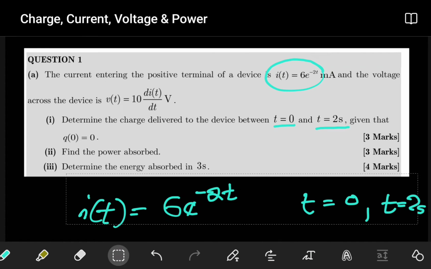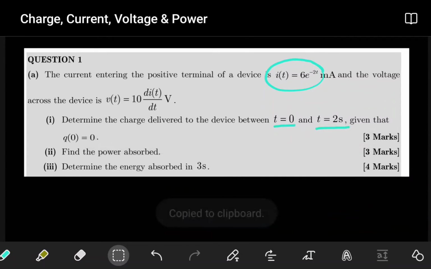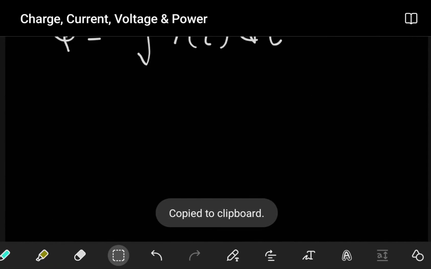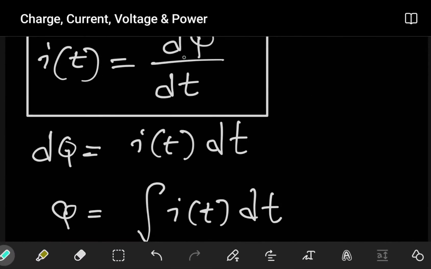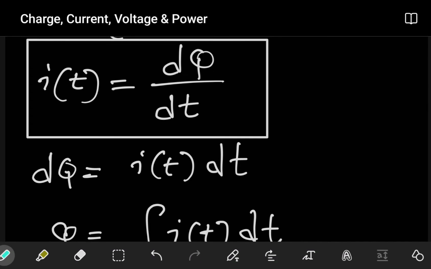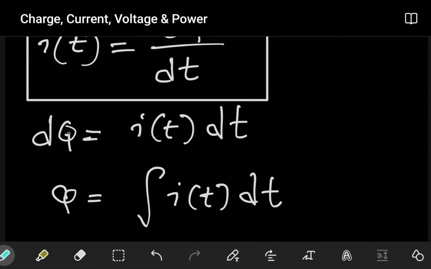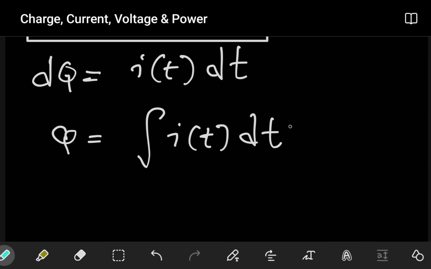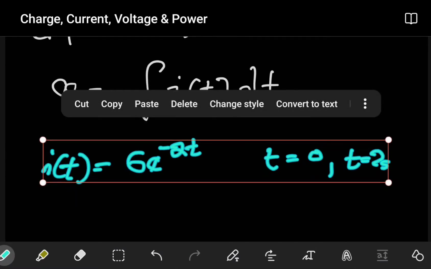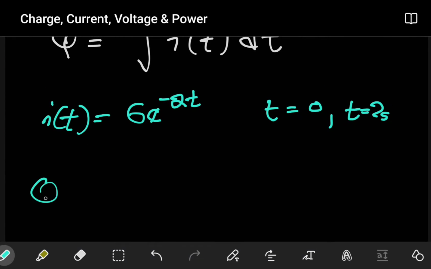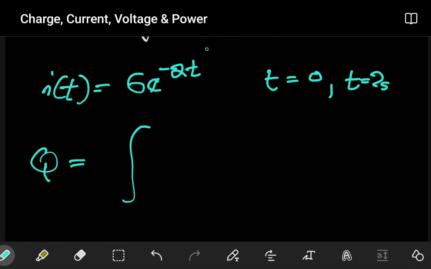With this in mind, let's see how we can use that expression to actually work out a question like this. We've just seen that from the definition of what current is, we have dq over dt. If you make dq the subject, you end up with dq equals i dt. And integrating both sides, you end up with this expression. Given this, to find q, since the first part is asking us for q, all we have to do is substitute.